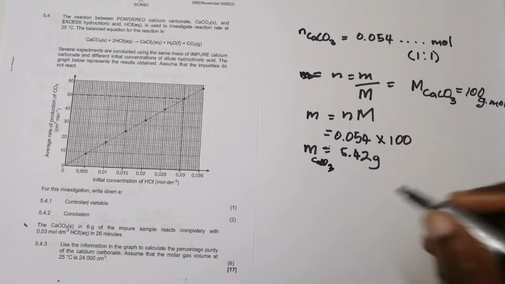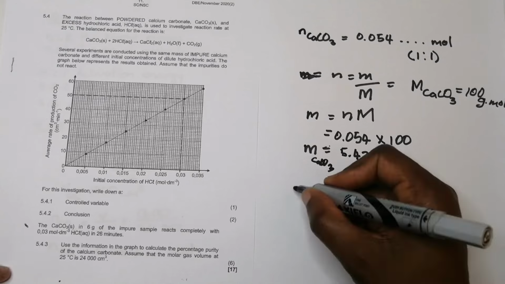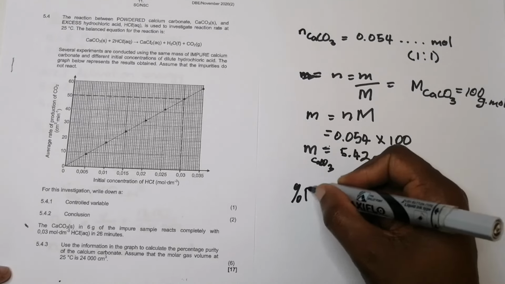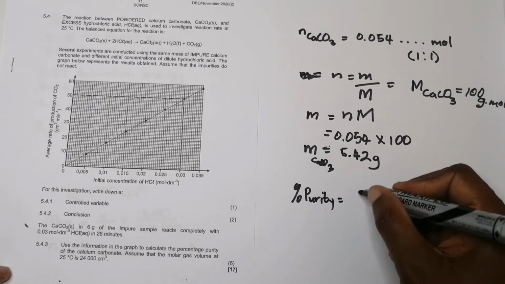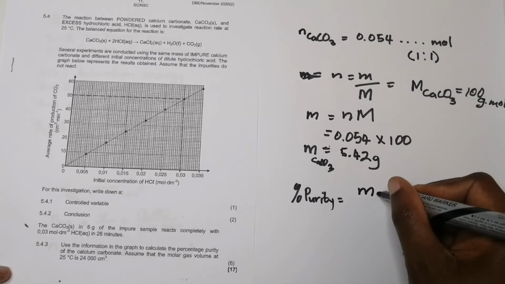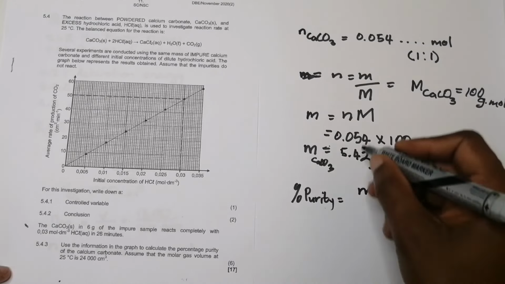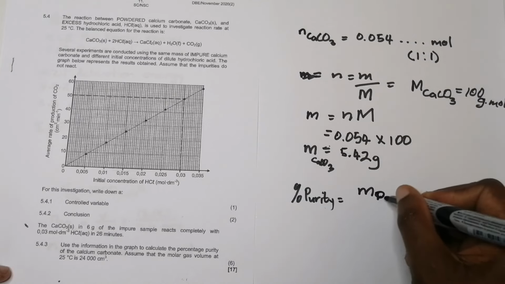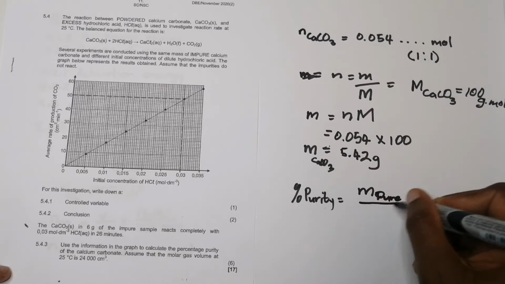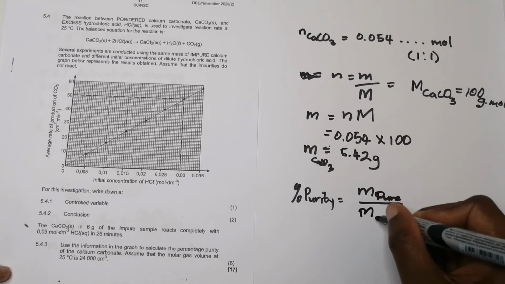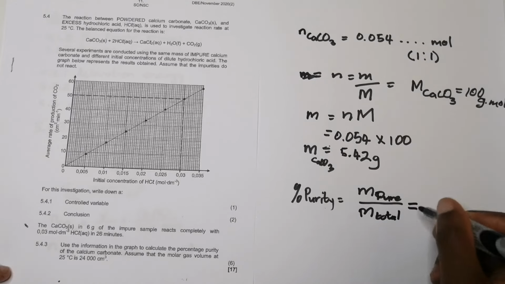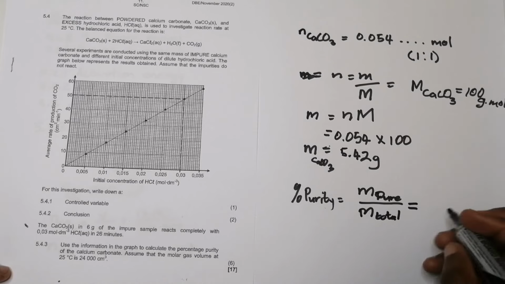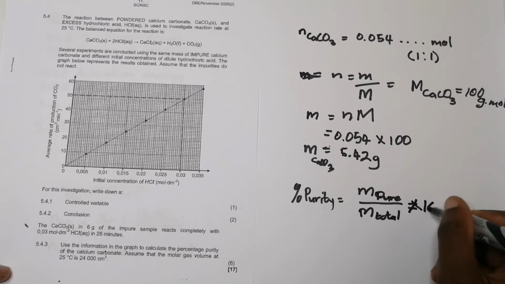Now we wanted the percentage purity. So percentage purity is simply going to be the mass of pure calcium carbonate divided by the total mass, that is inclusive of the impurities, and we multiply that by 100.